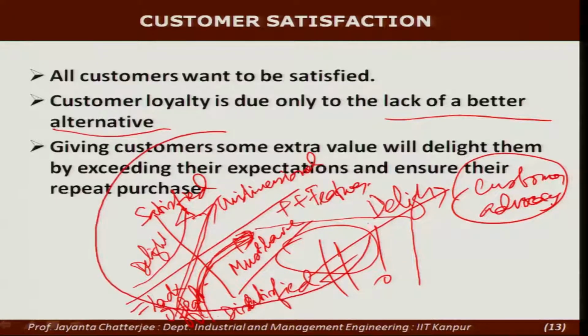This model is called the Kano model, Professor Kano's contribution, and you might like to check this out on the net. There are a number of different presentations on this, and interesting papers are available, but I will come back to the Kano model later when we are wrapping up.